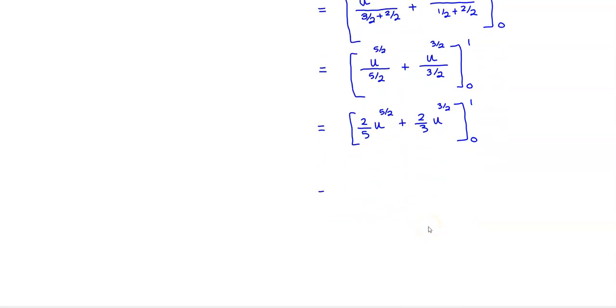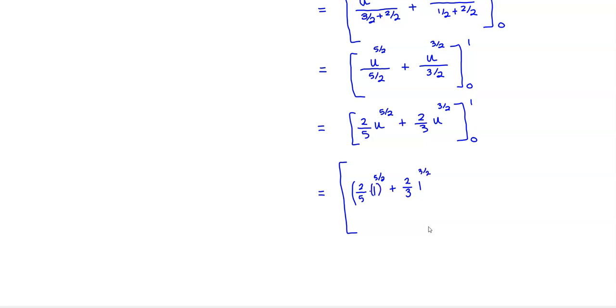Now let's evaluate our upper and lower bounds. For the first one, we have 2/5 times 1 to the 5 over 2 plus 2/3 times 1 to the 3/2.